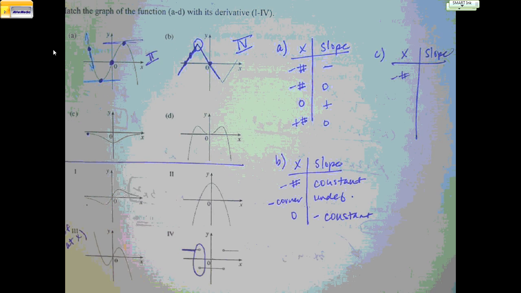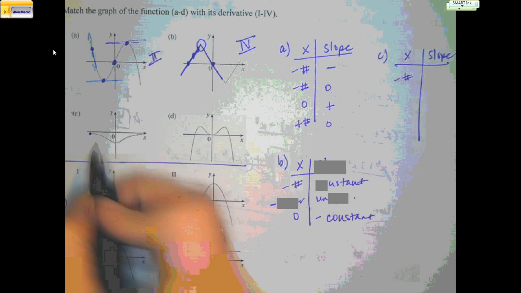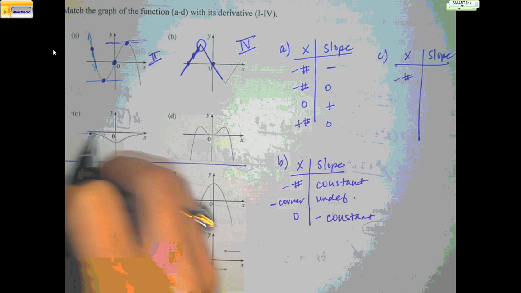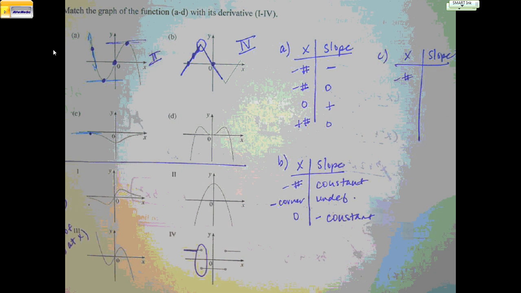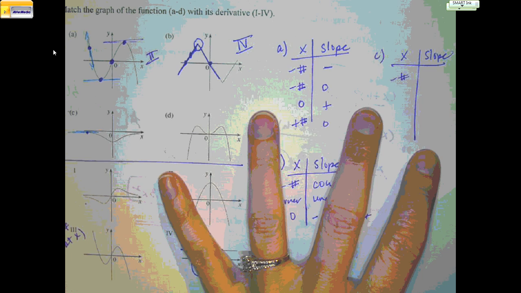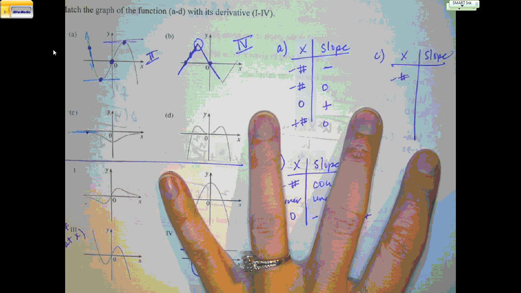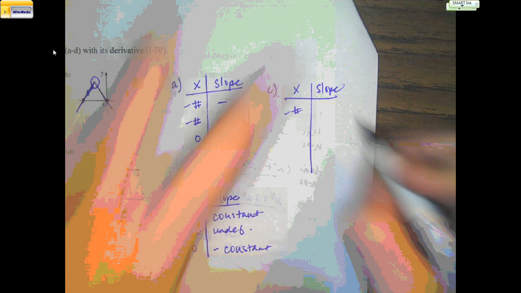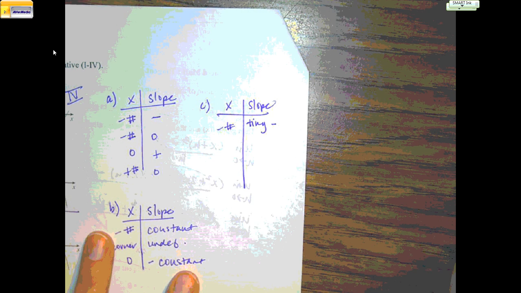What about the slope? What's happening as we get out here with the slope? It's nearing 0, so it's a tiny fraction. And is that a positive or a negative slope? Barely a negative. So I'm going to put tiny negative as my little clue.